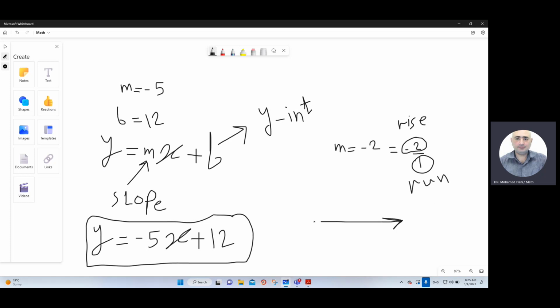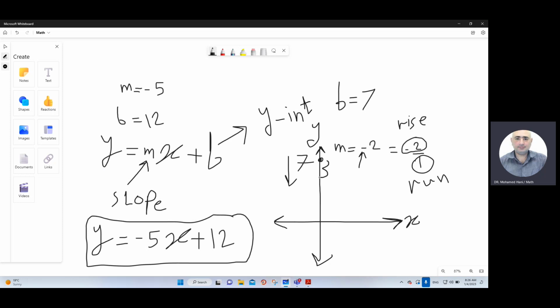So this is the x-axis and this is the y-axis. We have the y-intercept equal 7, so determine here 7. Then, because we have negative here, it means go down. How many units? The rise, 2. 2 units. 1, 2.